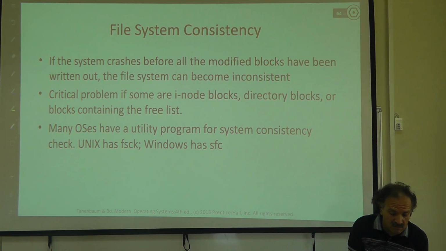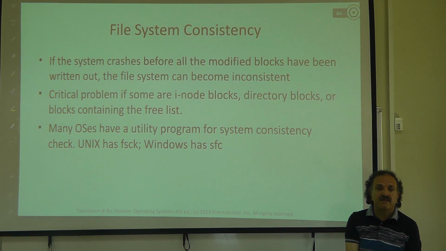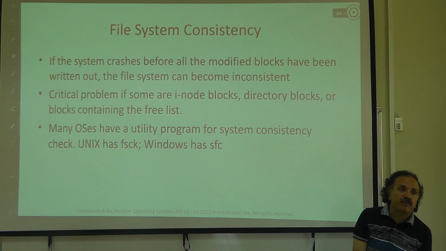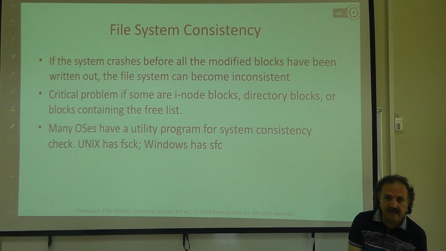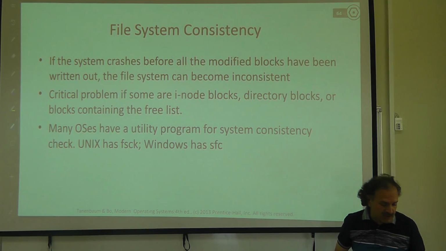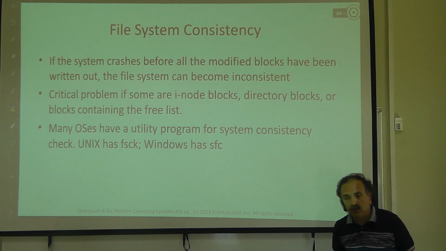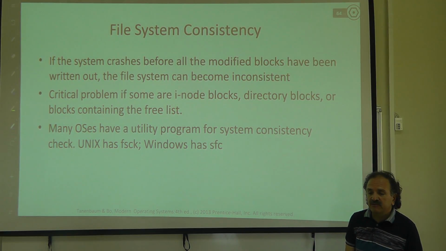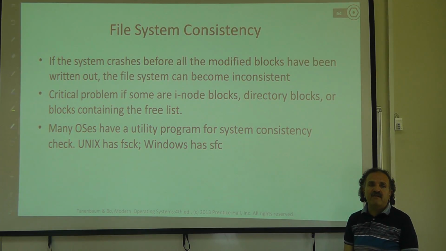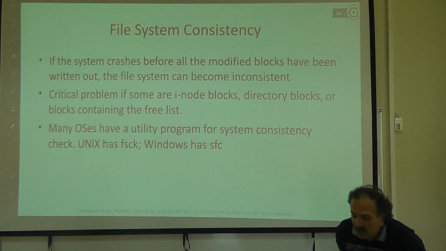File system consistency is a very serious issue for all types of operating systems. File system consistency means that when you are doing important stuff with your disk data, for example, you loaded a file, you modified it, and while you are writing the file back to the disk, something happened and your system crashed, so you have a very inconsistent file on your disk.